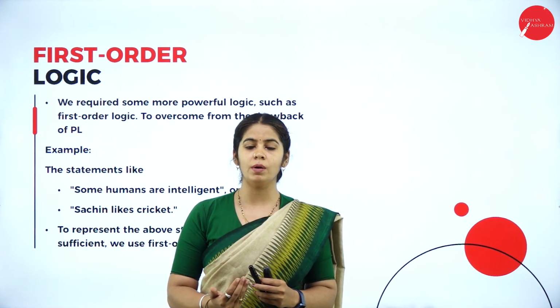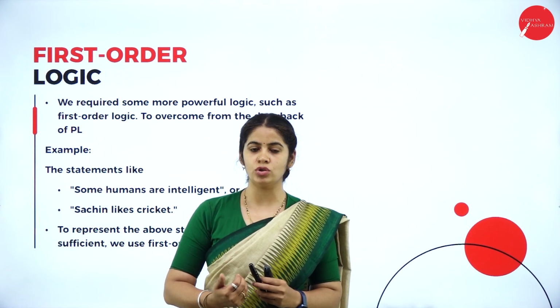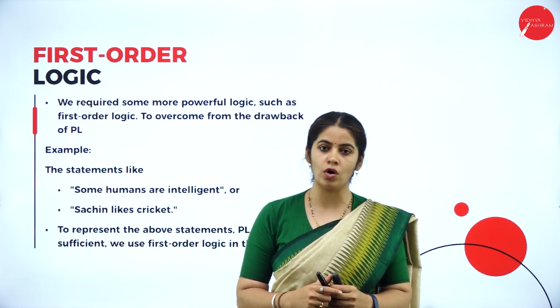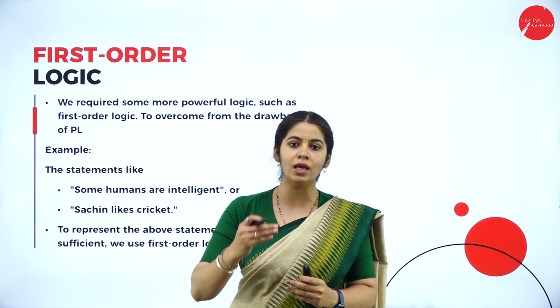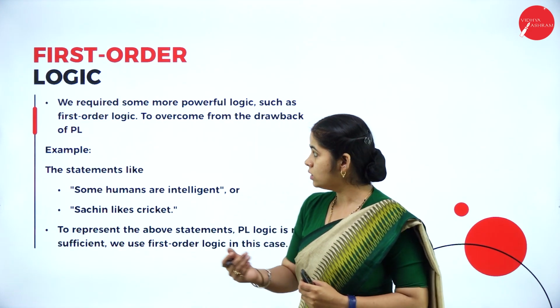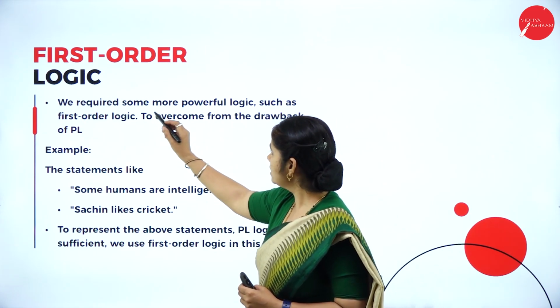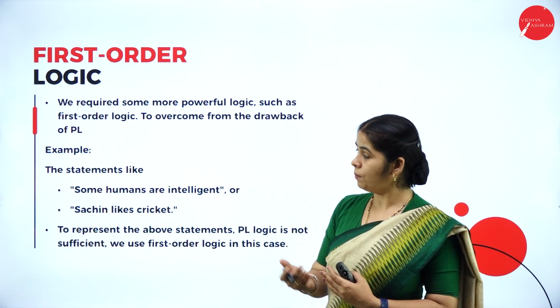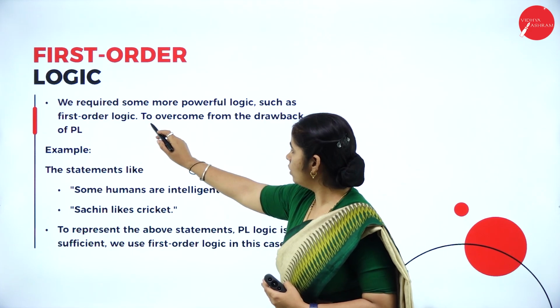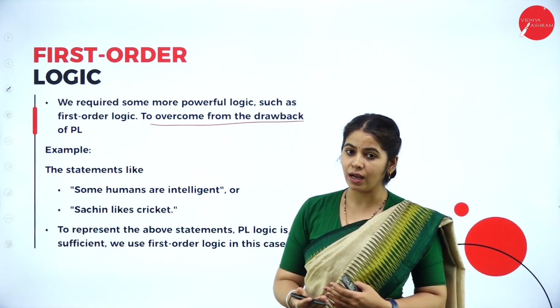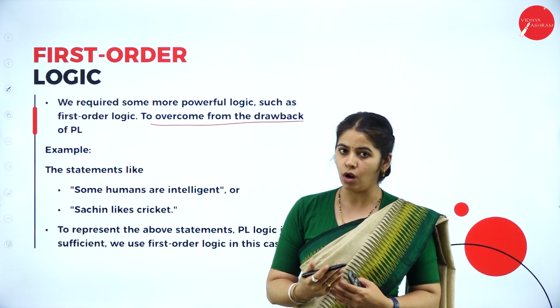To overcome that type of situation, we have to use first order logic, or first order predicate logic, we can say. So let us have a definition for first order predicate logic. We require some more powerful logic such as first order logic to overcome the drawback of propositional logic, right?